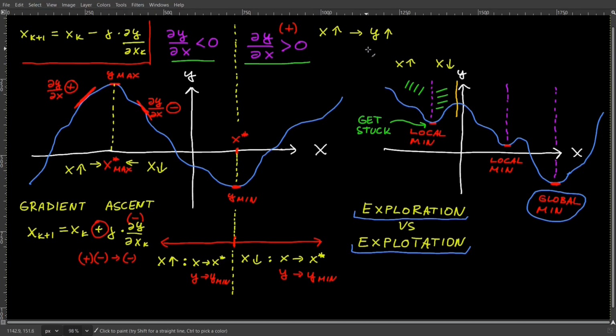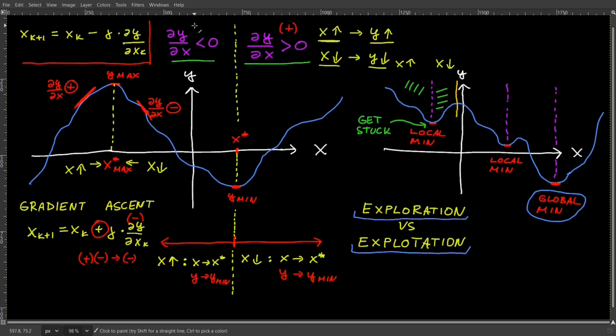If your goal is to increase y and find its maximum, you want to keep increasing x. But if your goal is to find the minimum value of y, then you want to do the opposite. You want to decrease x because that will also decrease y.